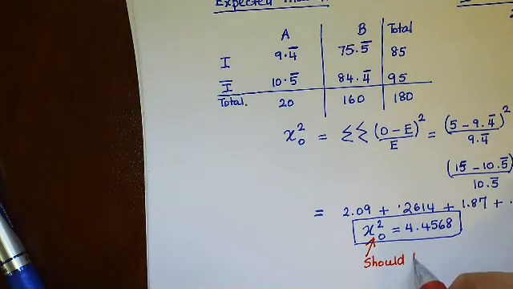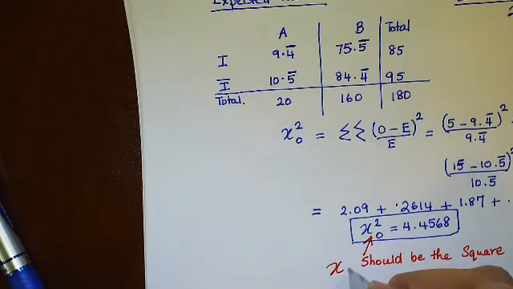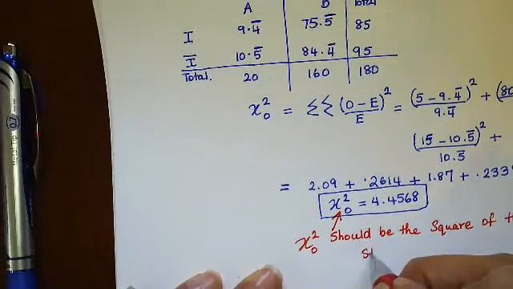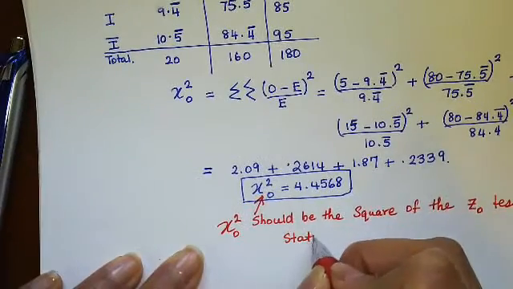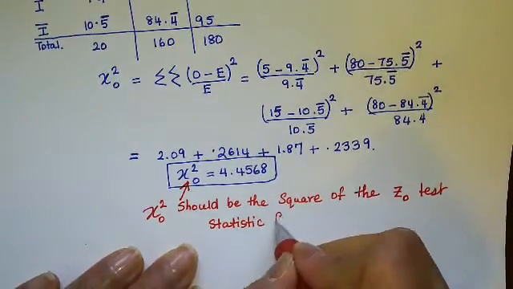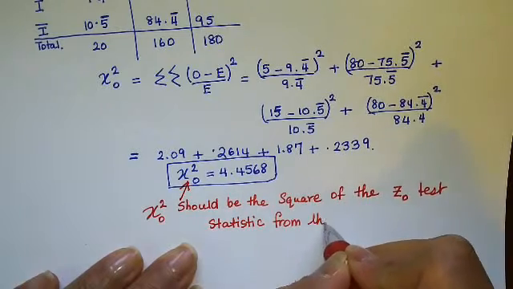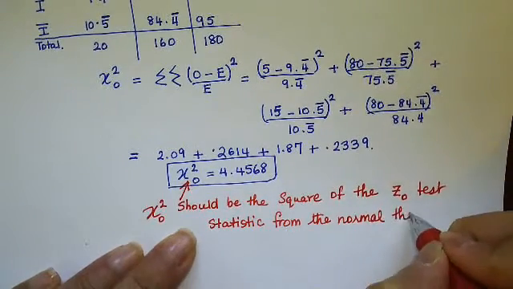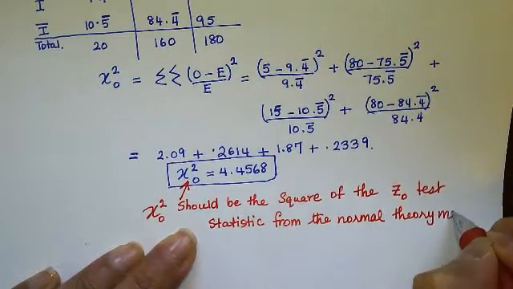Additionally, I would like to mention that this should be the square of the Z0 test statistic from the normal theory method.